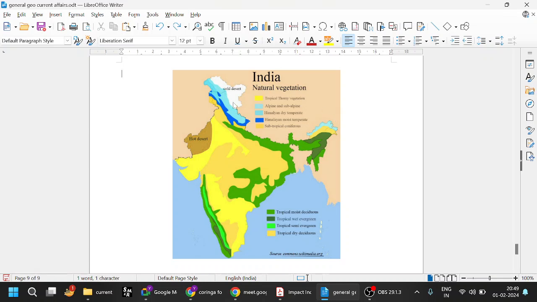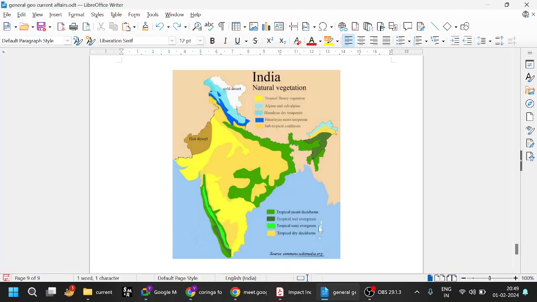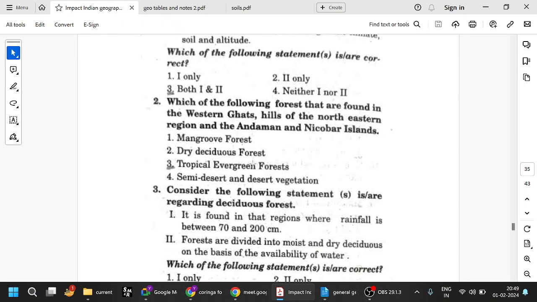That is hot desert, and this is cold desert, snow desert. Alpine, subalpine, Himalayan, etc. Fine. So when you say Western Ghats, Kerala, hills of northeastern region, Andaman and Nicobar also, there you find tropical evergreen forests.